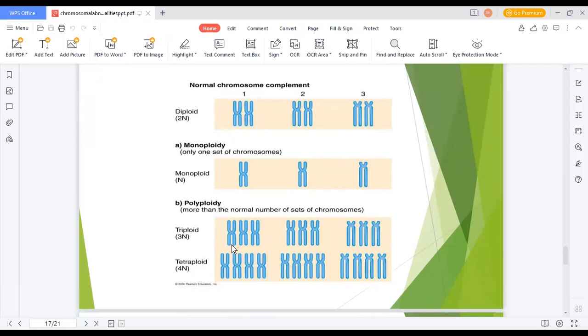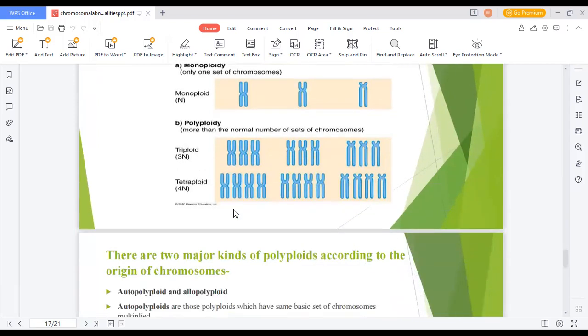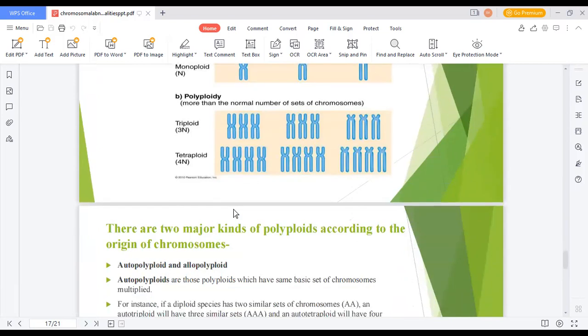Normally diploid containing 2 chromosomes of every one. So additional 1 chromosome is added to every set. So that's why 2n plus n, it becomes triploid. 2n plus 2n, it becomes tetraploid, like this. So these polyploids are very, very important in plant breeding or in the crop improvement purpose.